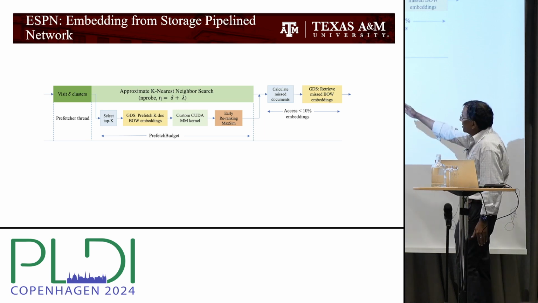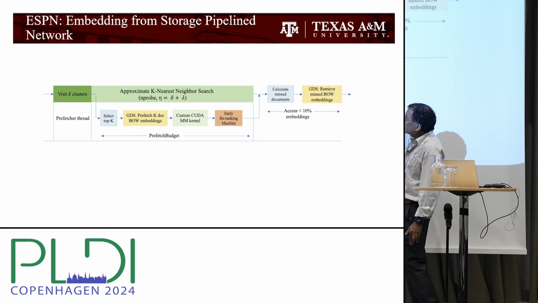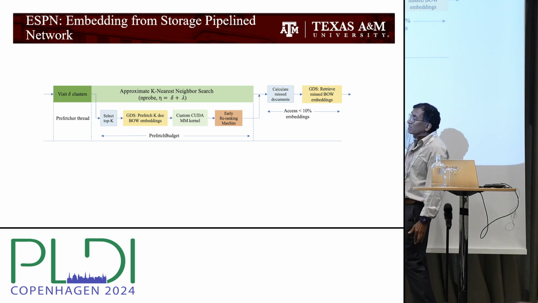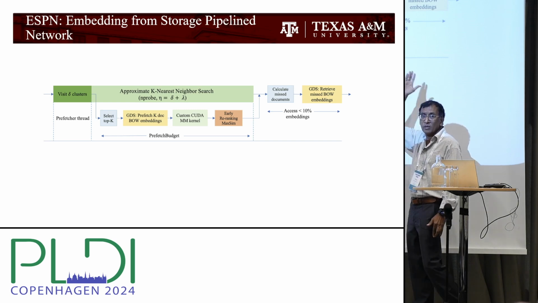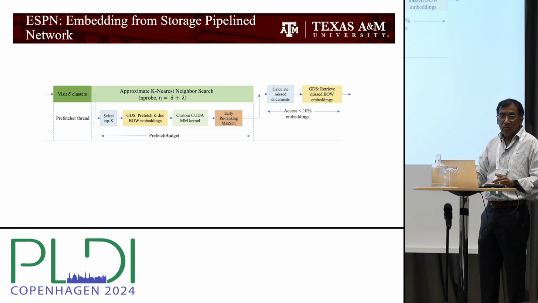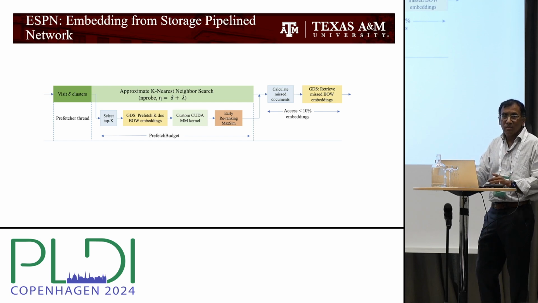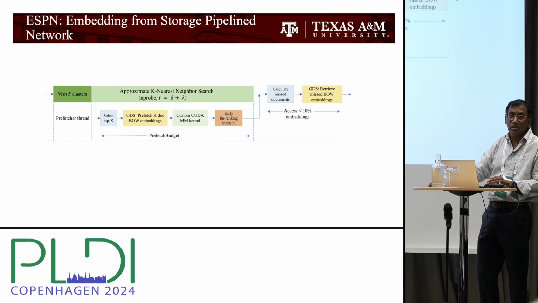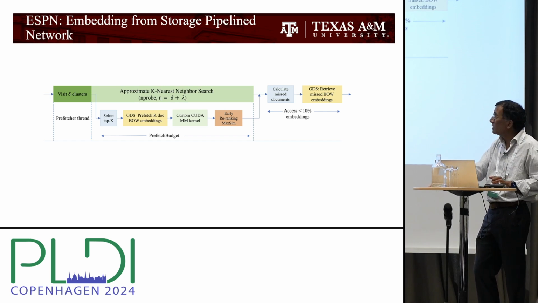If I'm lucky, this 10% is the best 10%, in which case I have the results by the time I finish computing them, and I can give you what you needed, okay? Sometimes this may not work out, then I may have to fetch the documents that were missed, and that's the part I'm showing you here: calculate the missed documents and fetch those documents if needed.